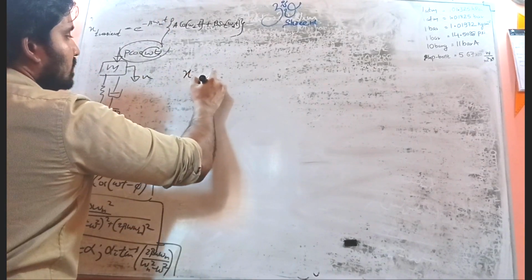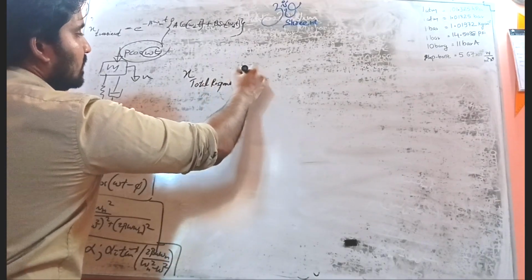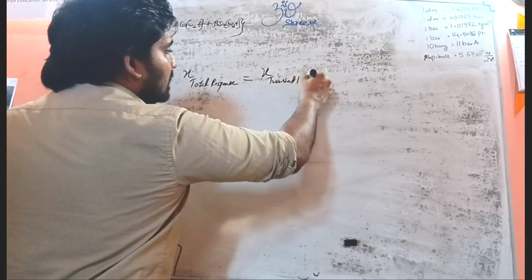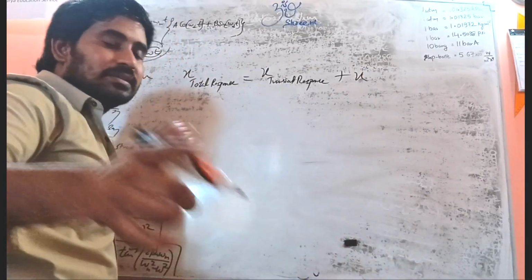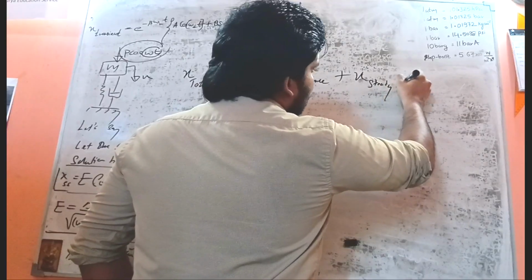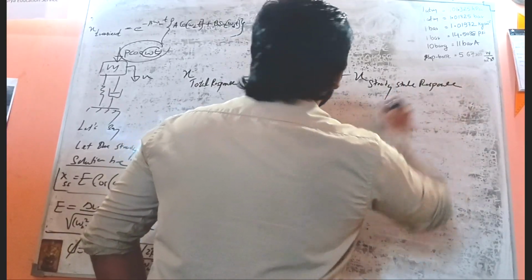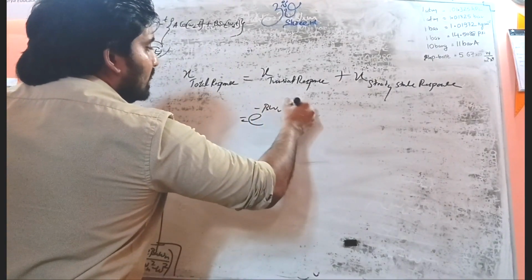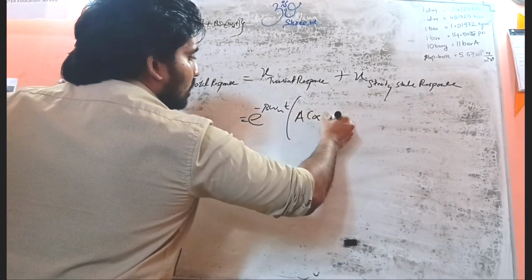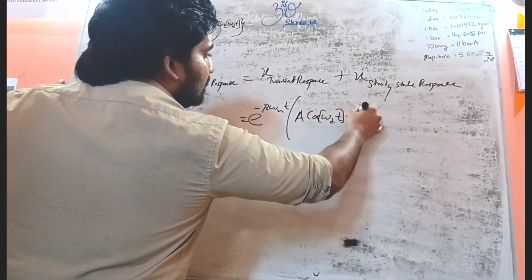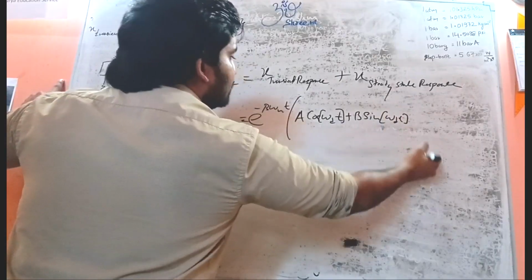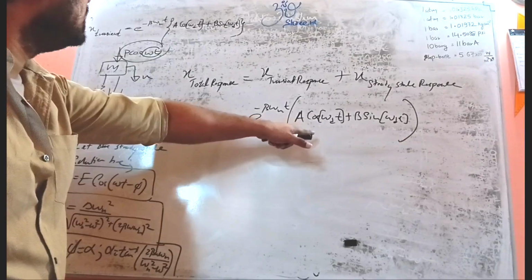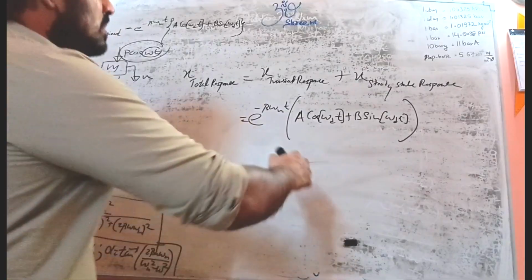The total response X equals the transient response X plus the steady state response X. The transient response is e to the power minus beta omega n t times (a cos omega d t plus b sin omega d t), where a and b are constants. It is better to remember to put brackets.